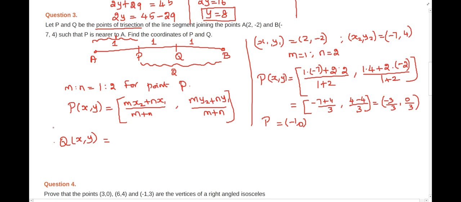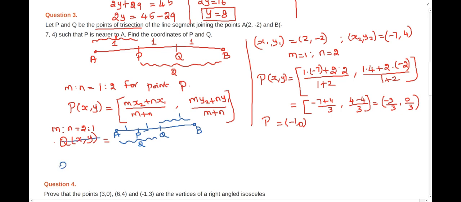Here for point Q, the m is to n ratio is 2:1, because now the points will be A, Q, B. We have three equal parts, so 1, 1, 1. So AQ ratio value is 2 and QB is 1. So m and n are 2:1.